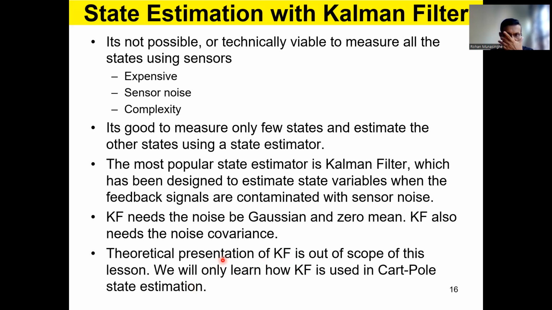Kalman filter needs a linear model of the plant, like the A, B, C, D state space model. With that, you can connect a Kalman filter to the cart-board problem. Because if you look at what we know already, we know the dynamics of the cart-board, A, B, C, D. And also, what are the sensors that we use here?